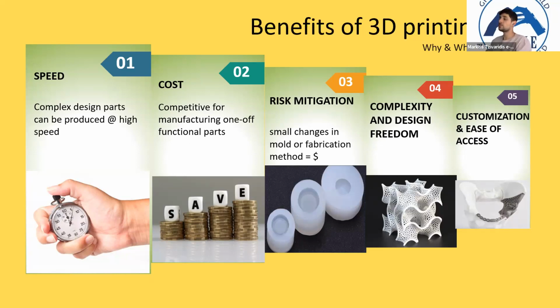You cannot recreate molds for every little detail you need to change because the process costs a lot of money. So this is a very flexible way if you want to create new parts, custom parts, R&D. And of course, it's very important for art, because in art you always want to change things.